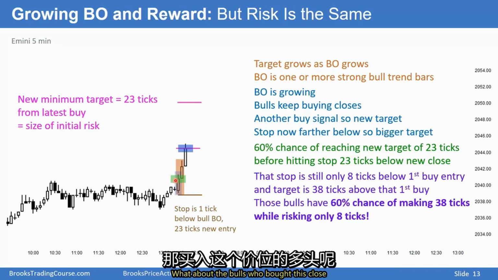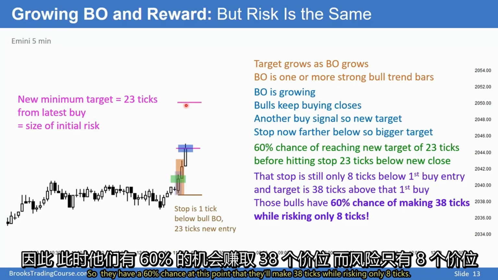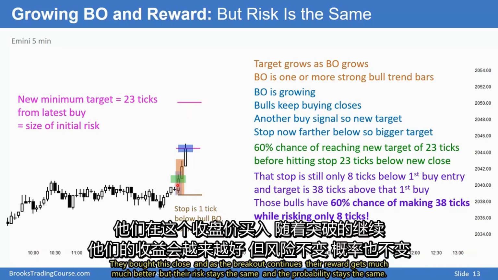What about the bulls who bought this close? Well, their stop is still 8 ticks below their entry, but now their target is 38 ticks above their entry. So they have a 60% chance at this point that they'll make 38 ticks while risking only 8 ticks. They bought this close, and as the breakout continues, their reward gets much, much better, but their risk stays the same.